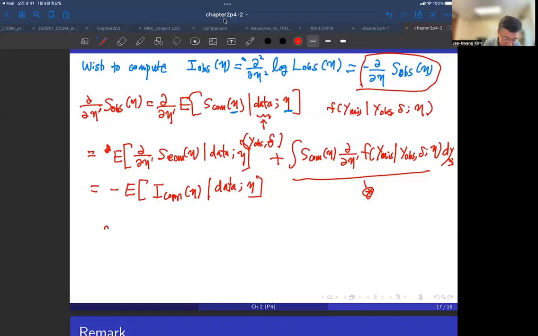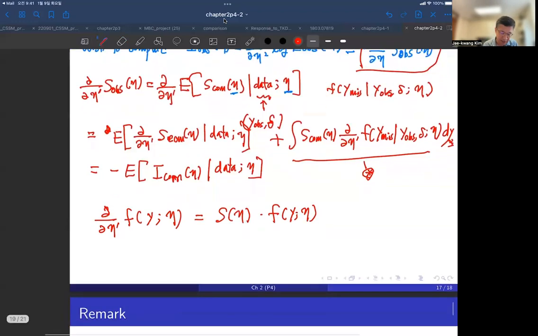So the question is how to write, for example, this one. What is this one? Well, this one is a score function derived from log f, and then this f. Why?